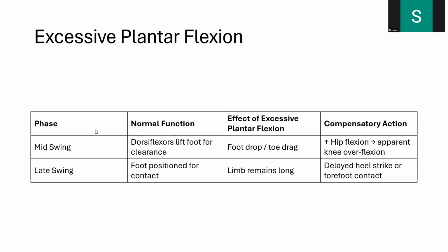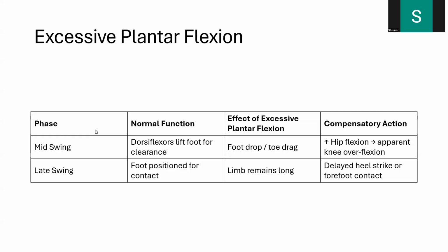Now, excessive plantar flexion. Ankle plantar flexion increases the distance from the hip joint to the toe, so the functional limb length is increased. When the swing limb must pass the stance limb, this longer functional limb must be compensated. If there is no anatomical shortening, the compensation must occur at the knee through increased flexion.